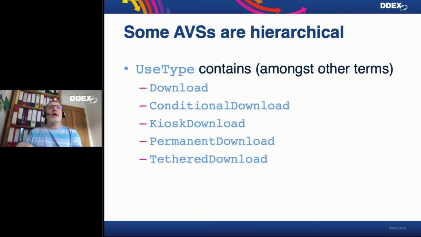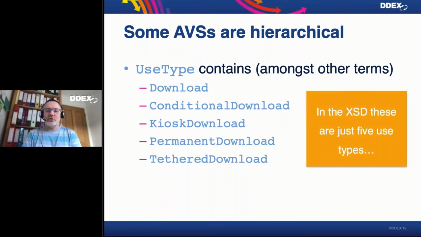Now, let's look at one aspect of allowed values that's a little bit tricky in the context of XML. And that's the expression of hierarchies. When we're talking about XML, we're simply having a flat list of values because that's all what XML can do.